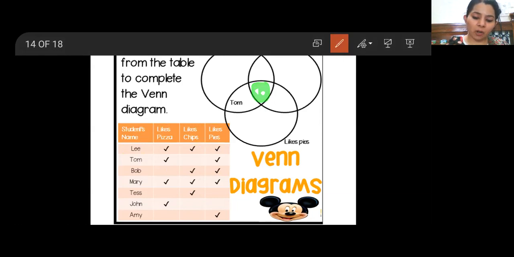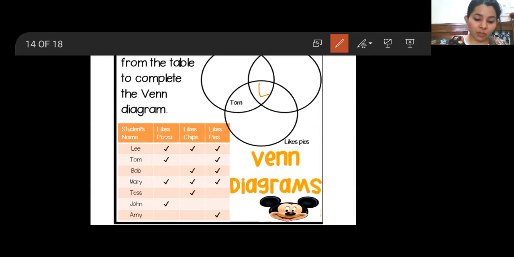Here, this is the common ground where I have this circle also, and this circle also. Since Lee likes all the three things, pizza, chips, and pie, Lee's name will come between this. Got my point?